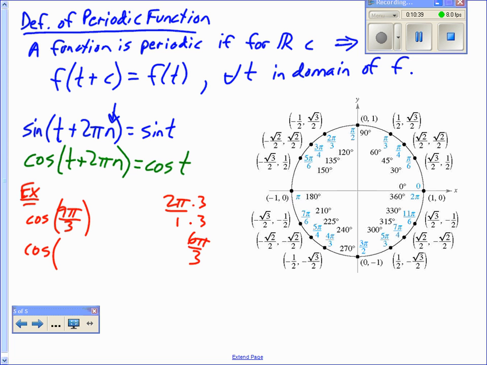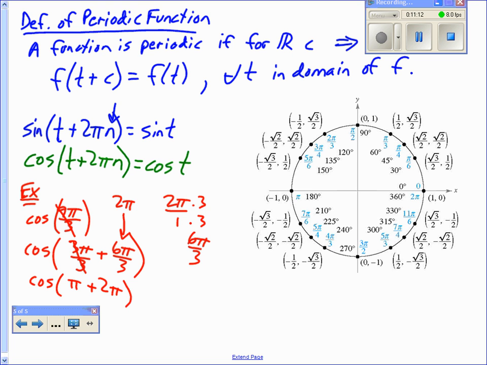So I've got 6 pi thirds plus how much more? Well, 3 pi thirds plus 6 pi thirds is 9 pi thirds. So this is really the cosine of pi plus 2 pi.